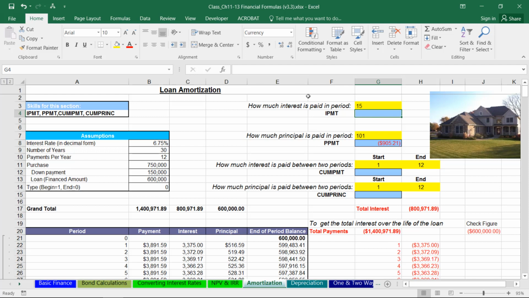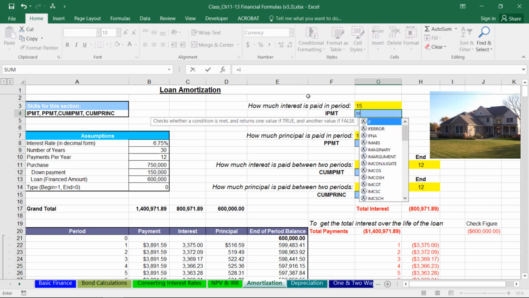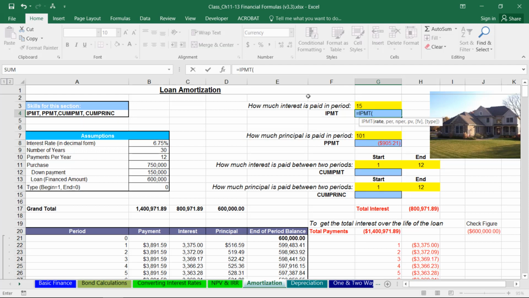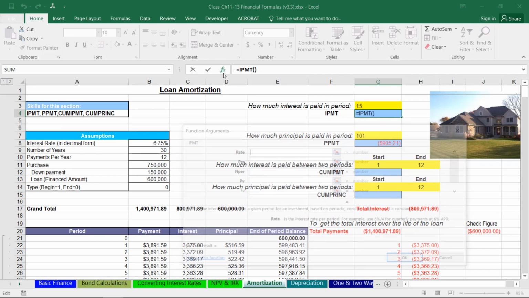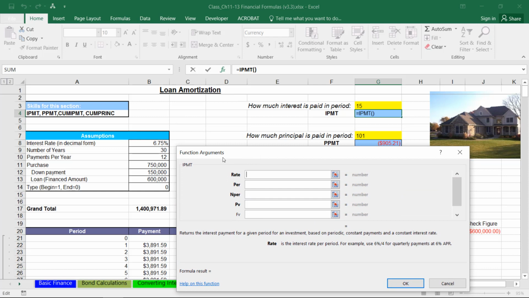Okay, so this is equals IPMT, and let's use this form. The rate is here, divided by the number of periods. The period we're interested in is 15 up here. Number of periods is 30 times 12.